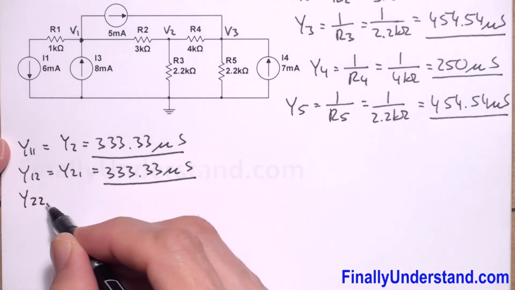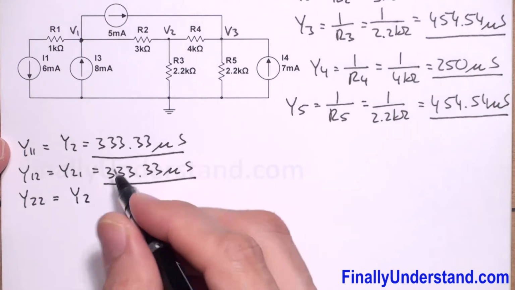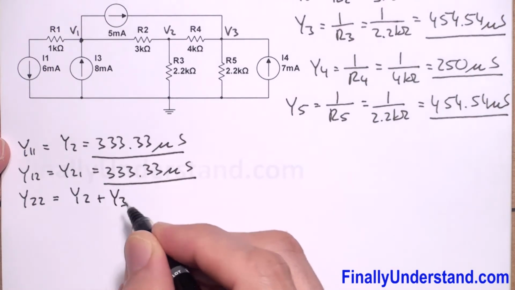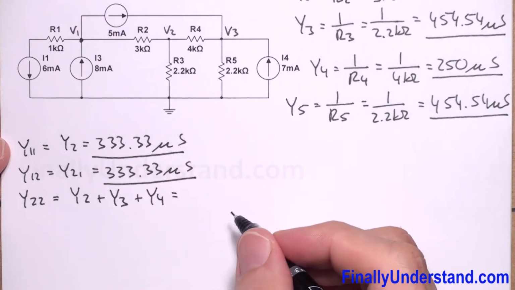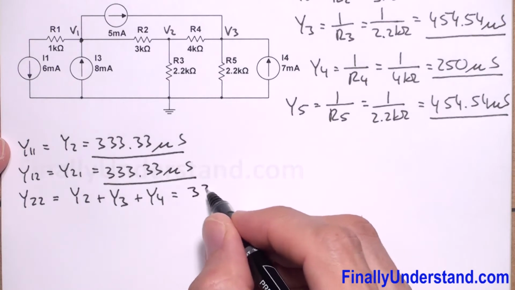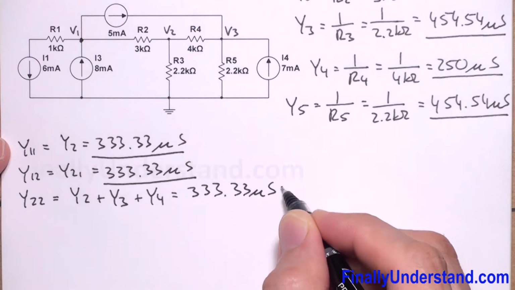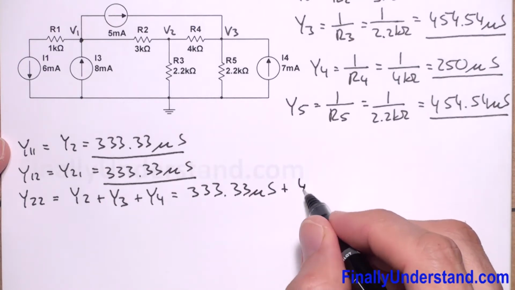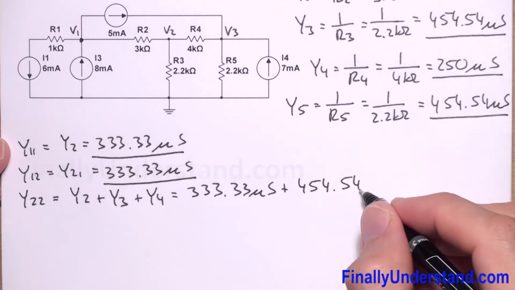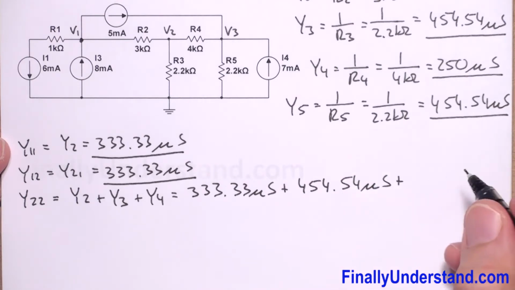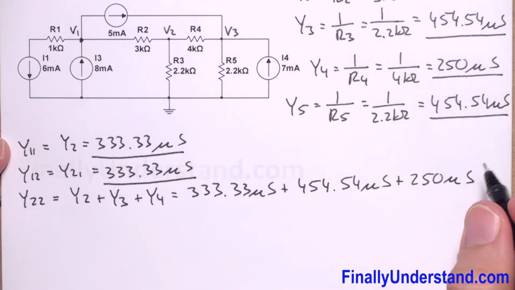Next, I'm supposed to find Y22. Y22 is equal to Y2 plus Y3 plus Y4. Y2 is equal to 333.33 microsiemens plus Y3, 454.54 microsiemens plus Y4, 250 microsiemens.